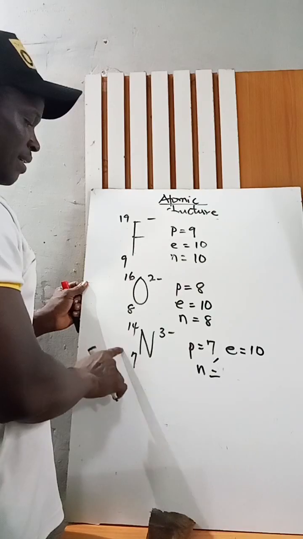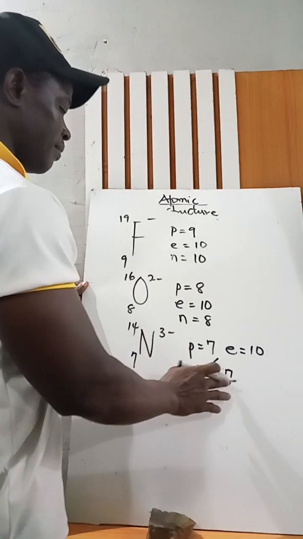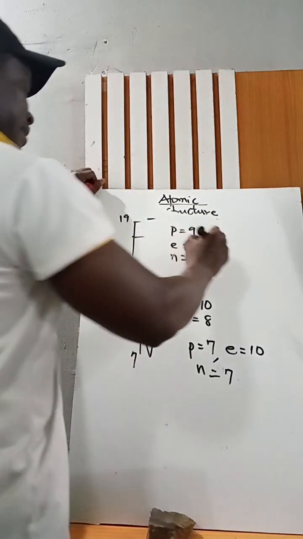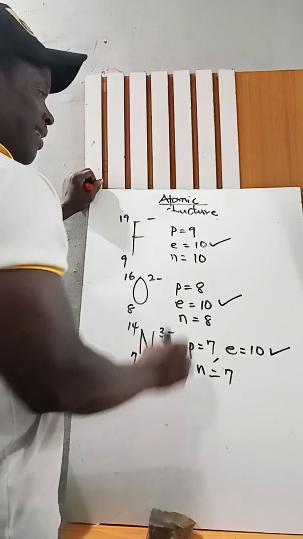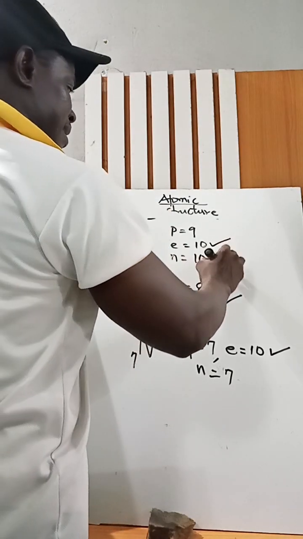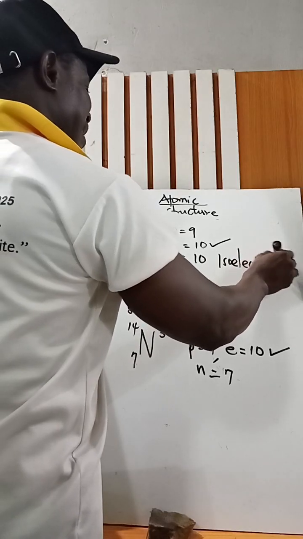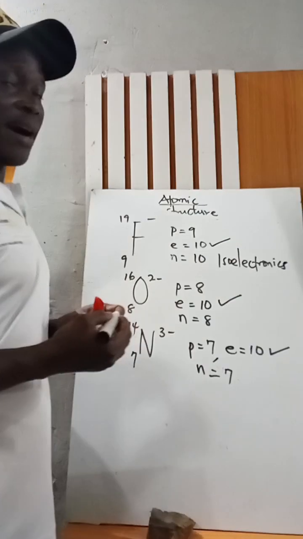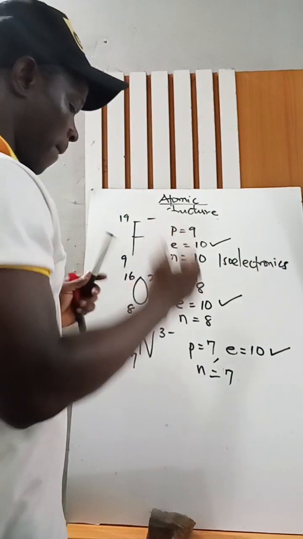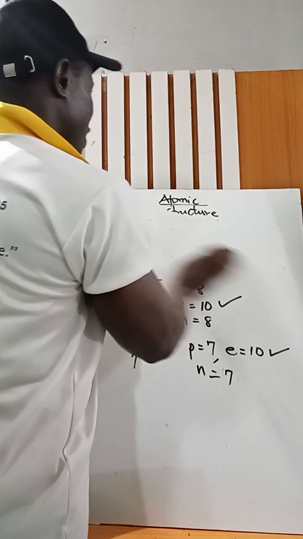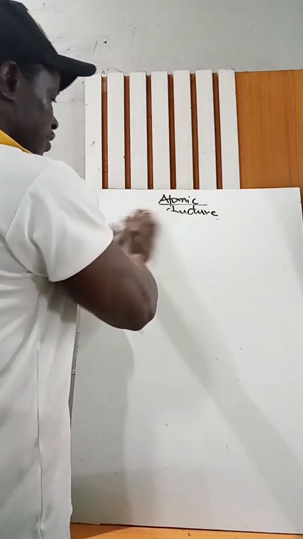The neutron number is 14 minus 7, that's 7. All right, again, they have the same number of electrons each. It means that they are isoelectronic.